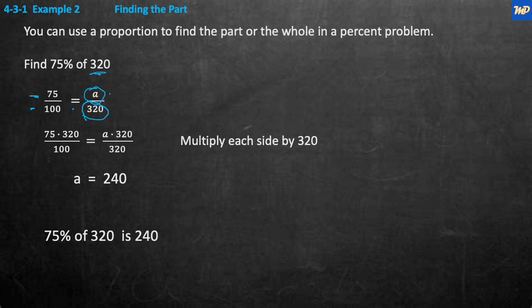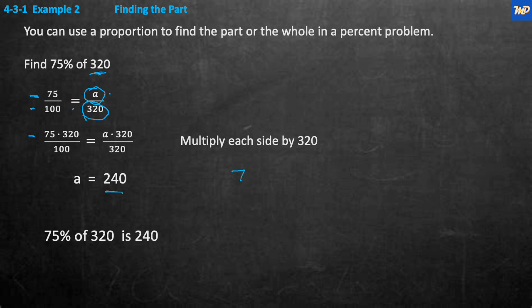So when we do that, we're going to cross multiply. So you have 320 times 75 on this side, and you have A times 320 on this side, because you have to multiply both sides by 320, and you end up canceling those out. Once you do that, you have A is equal to 75 times 320 over 100. When you simplify that, A is equal to 240, right?